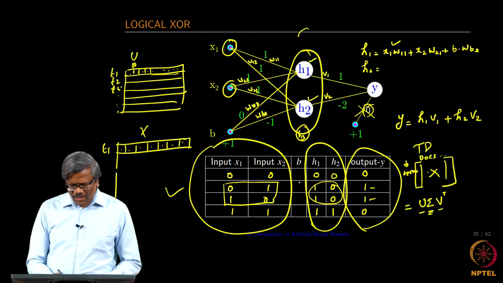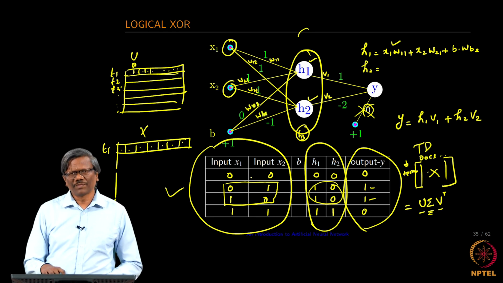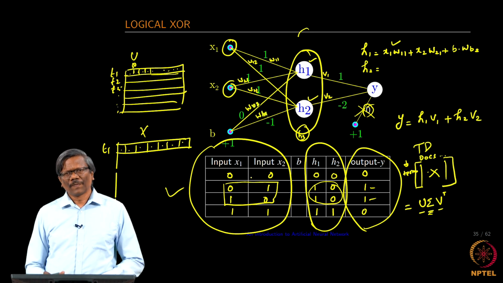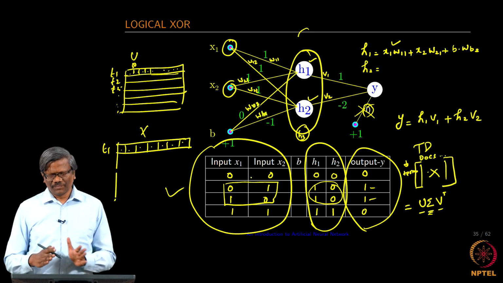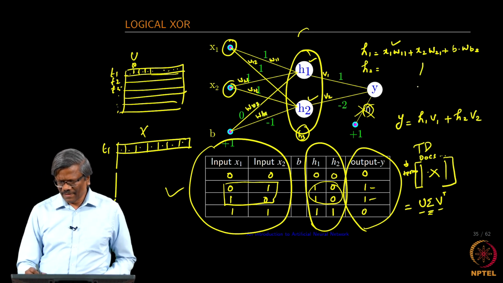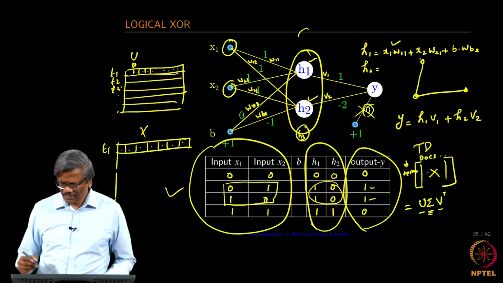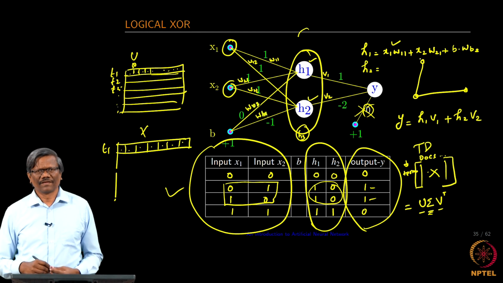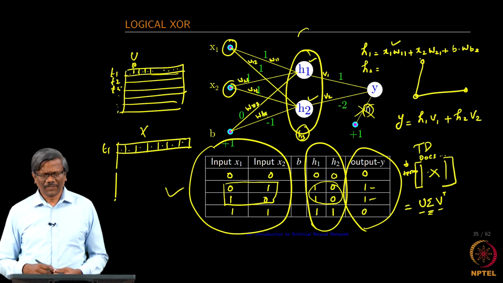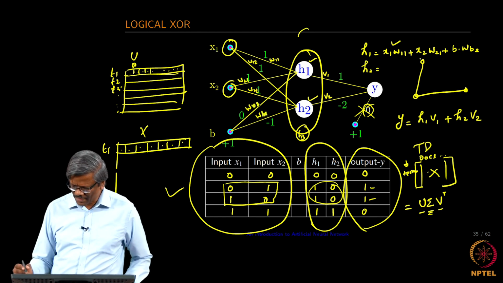So, now we are able to shrink the space of the input into a smaller space using H1 and H2, and we are still able to create a boundary in the space of the hidden layer.